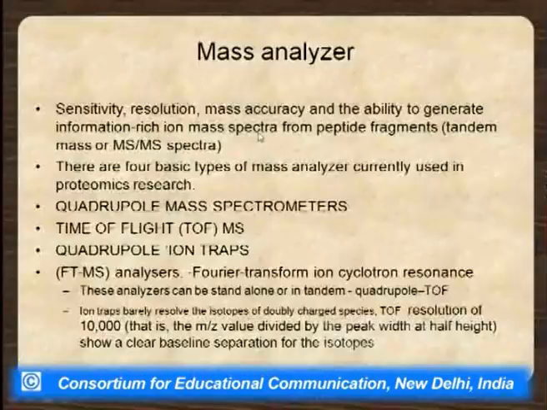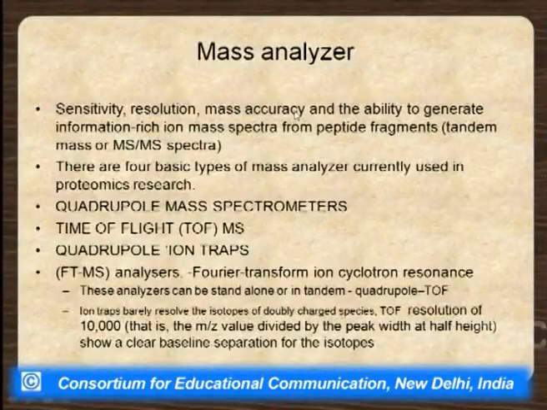Now, the second component we talked about is the mass analyzer, and the mass analyzer is the crux, the key to resolution and sensitivity of the technique, and it is very important that it is able to gauge the mass accurately and generate information spectra from the peptide fragments.